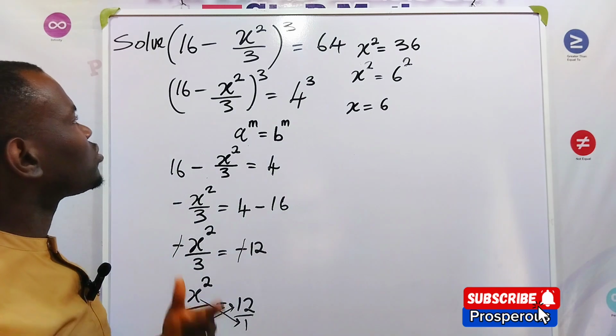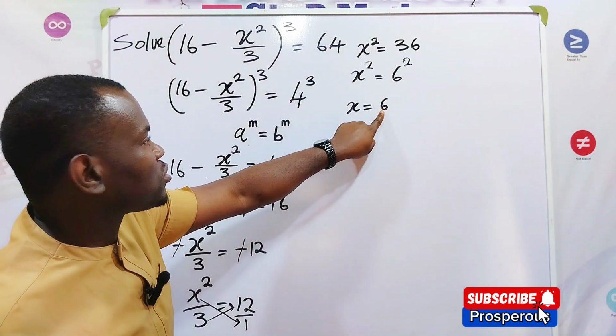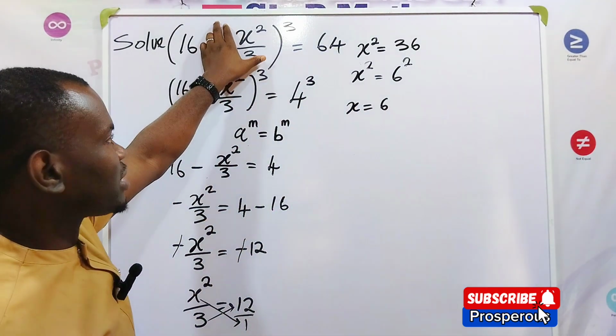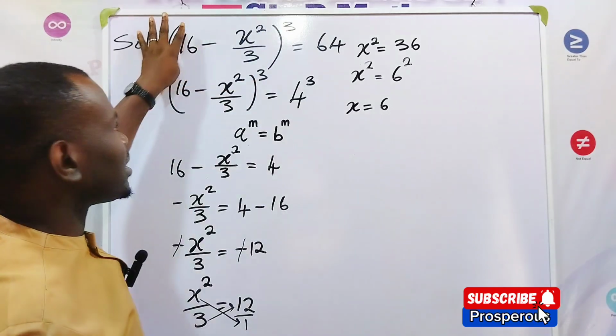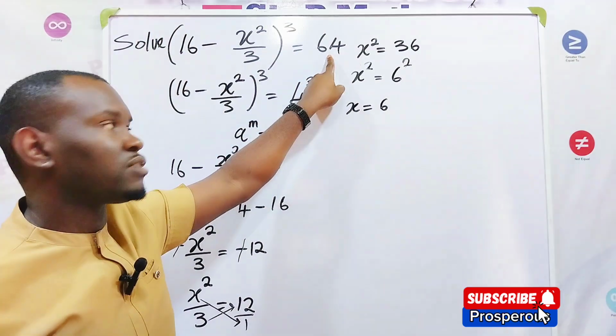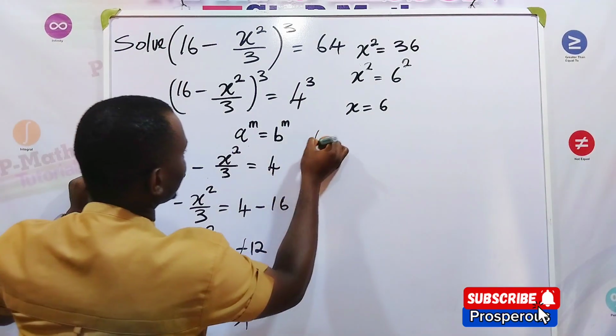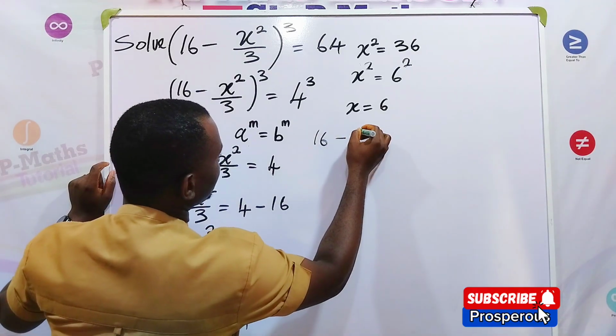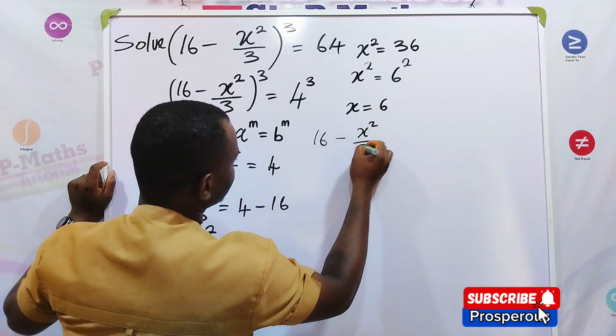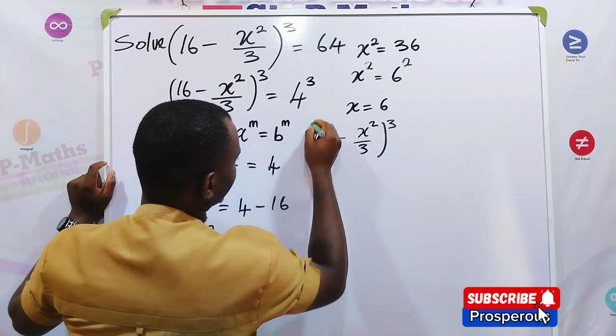6. Now, let's do something interesting. We are going to substitute 6 into the left-hand side and see that when we simplify it, it gives us 64. Let's see. So we have (16 minus x squared over 3), all raised to the power of 3.